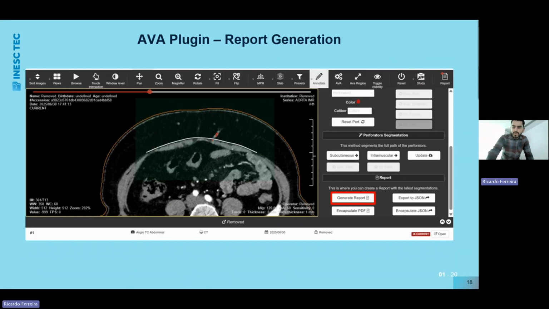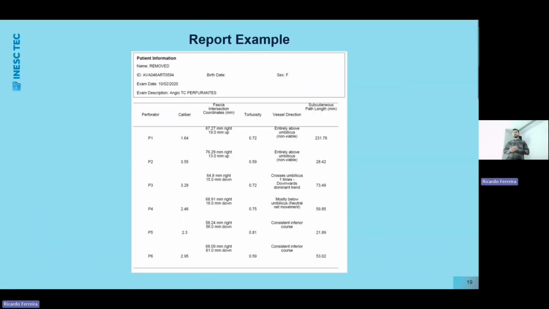Also, there is a report that is generated by simply clicking the button that says generate report, and it gives information regarding everything, the perforators that were segmented. It gives the caliber, the coordinates in which they intersect the fascia relative to the umbilicus.